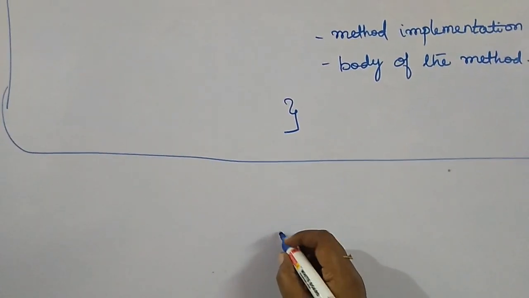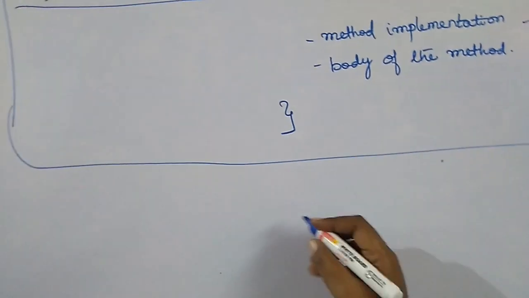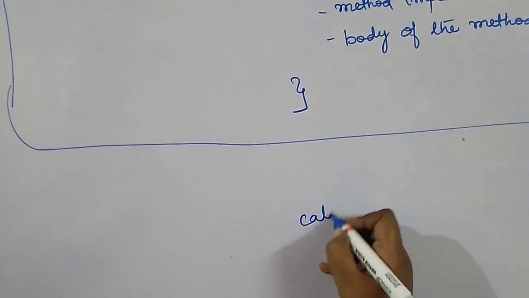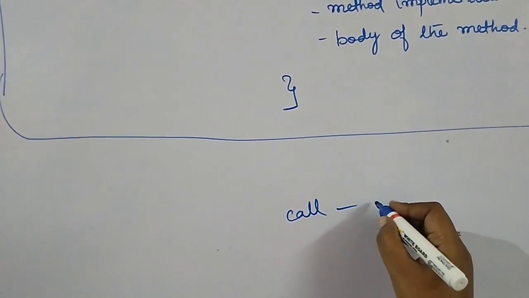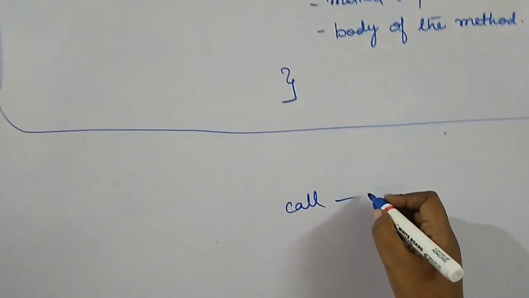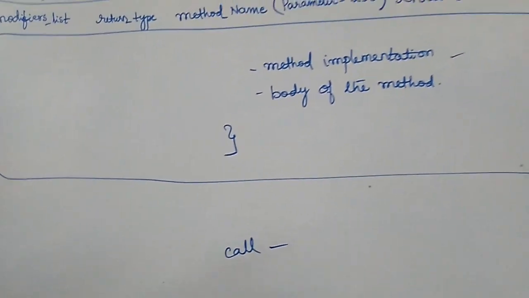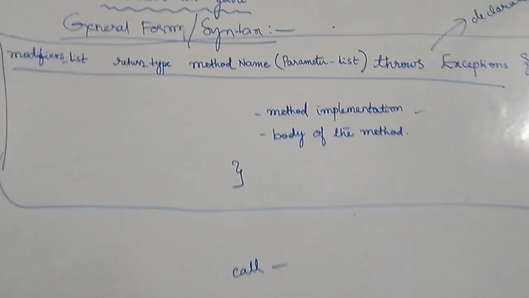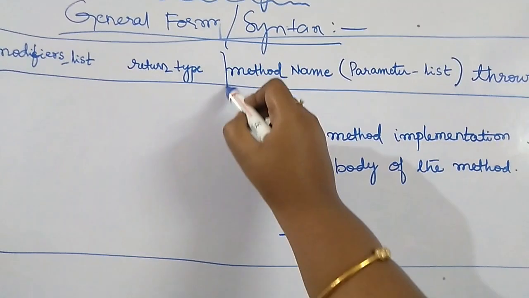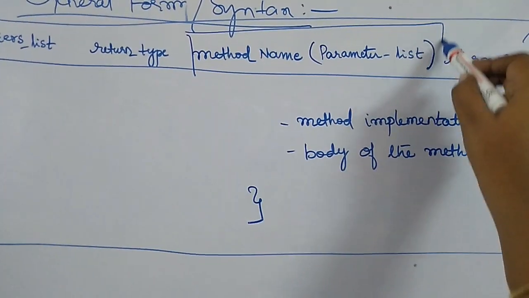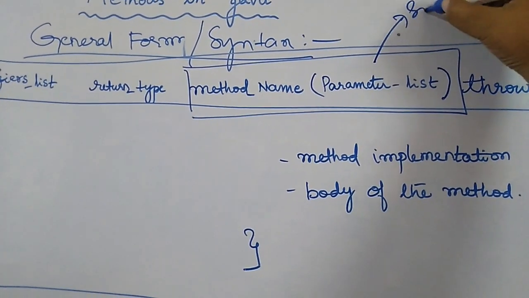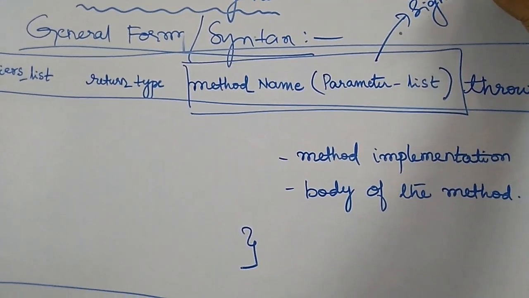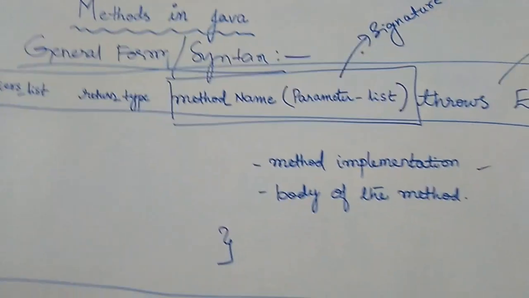To access this method, I need to make a call to this particular method. The call to this particular method is another part, which is called calling the method. Also, the method name and parameters list together are called the method signature.